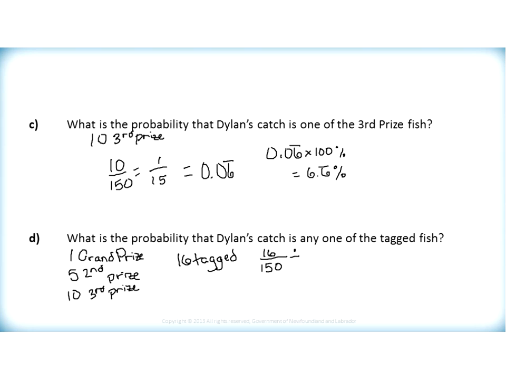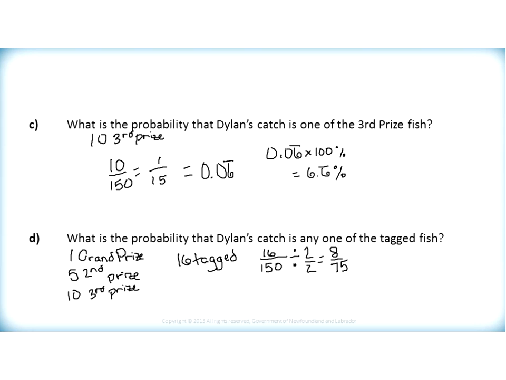We can divide both 16 and 150 by 2, which gives us an 8 out of 75 probability of getting a tagged fish.